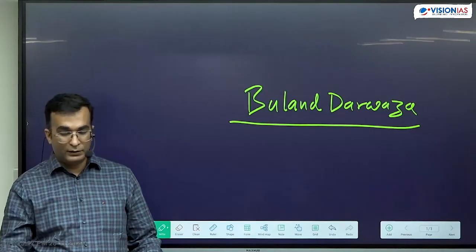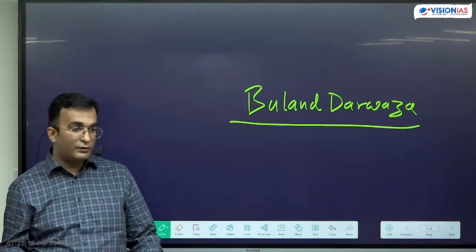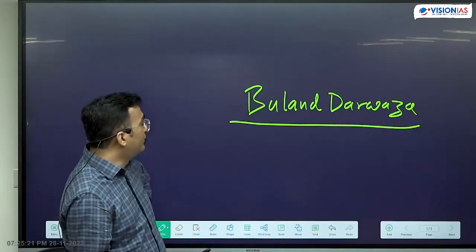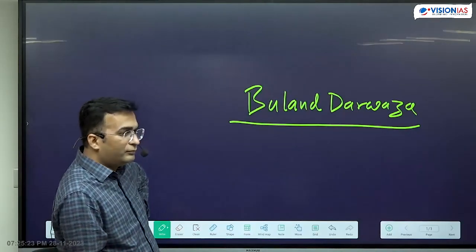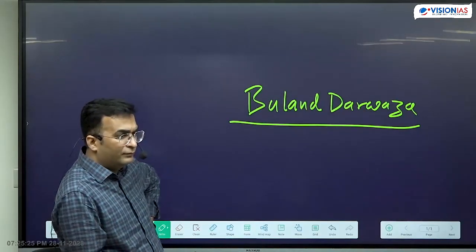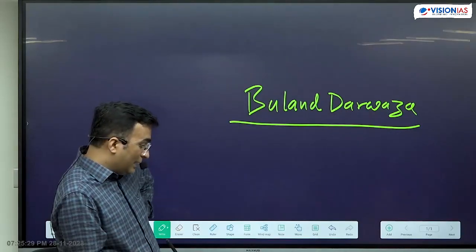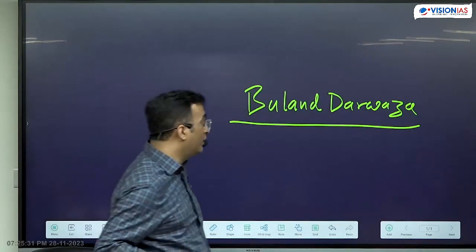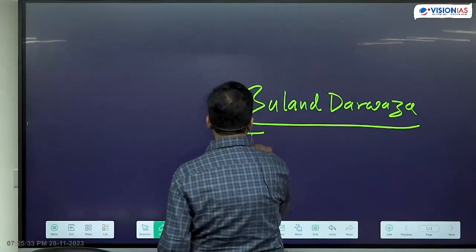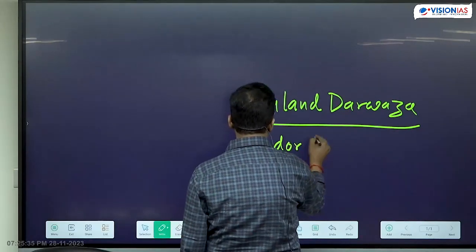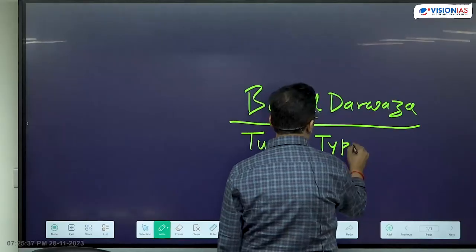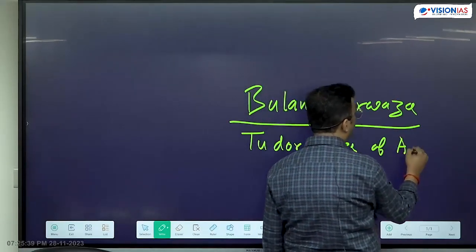Then mention Gujarat victory of Akbar, full stop. It is noted for Tudor type of arches.